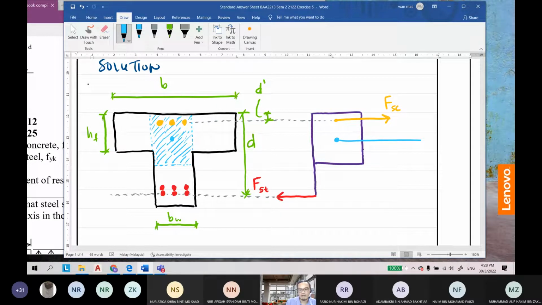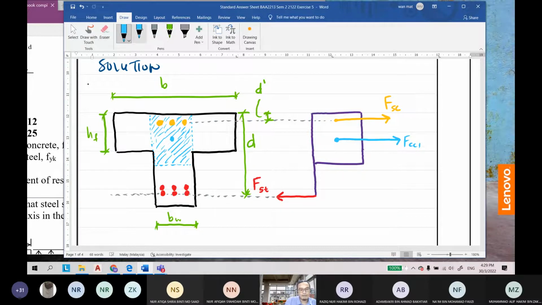Okay, F what here now? Anybody know? FCC. Okay, good. FCC1. Let's say this is FCC1, because this is area number 1. Due to area number 1 here, this is area number 1. Sorry, better use another color.